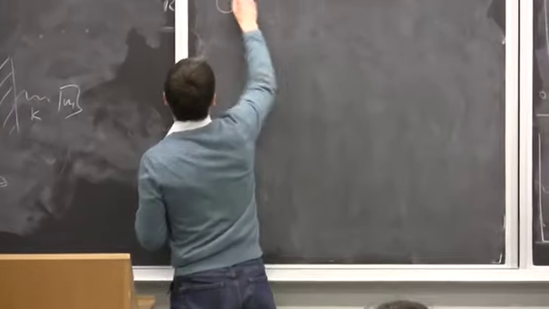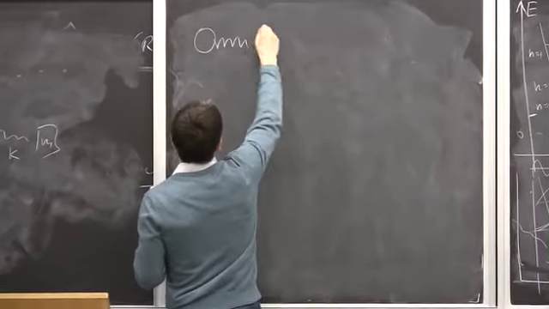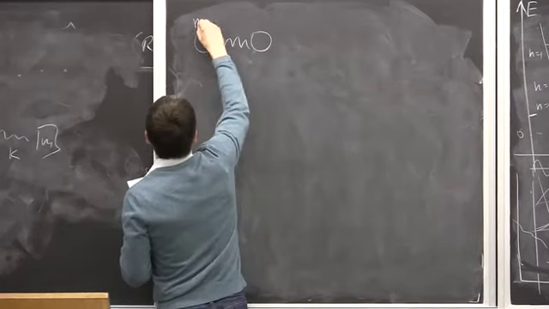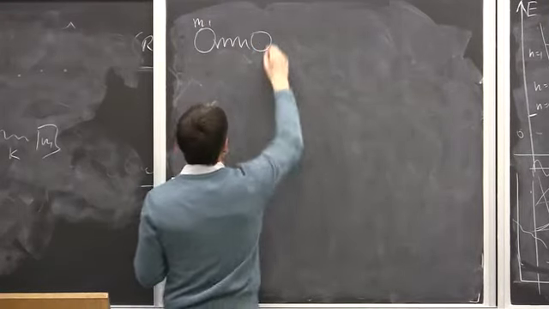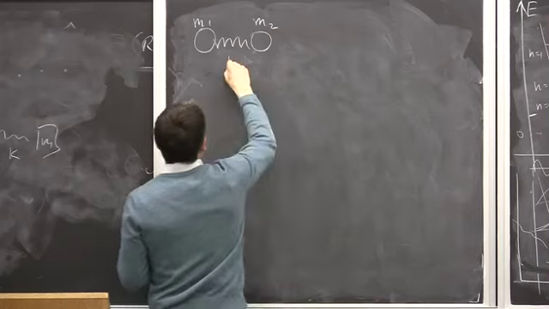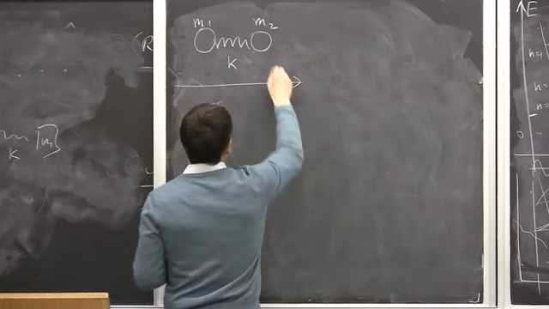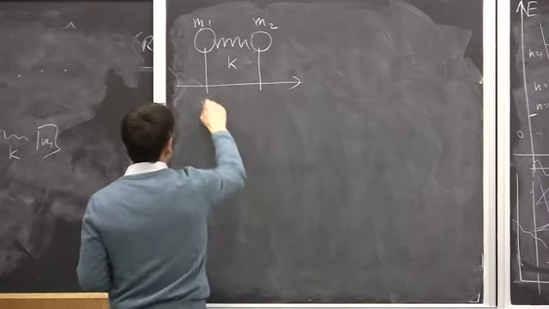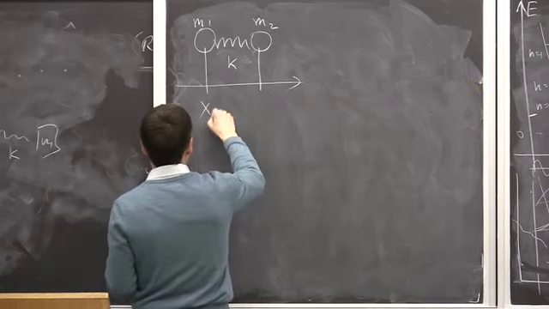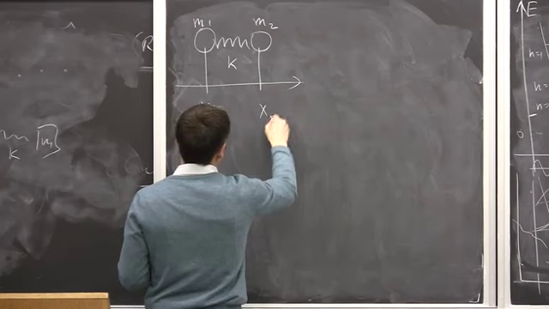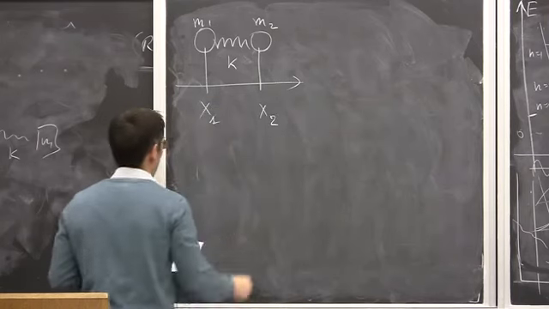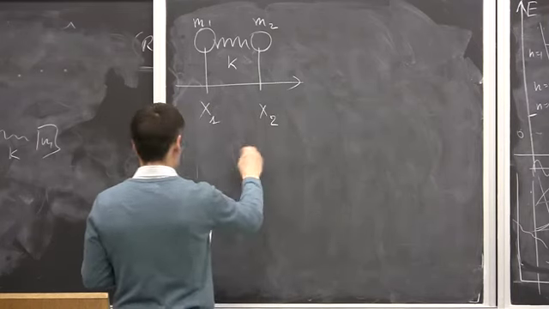So if we have, in a classical picture, two atoms, one with mass 1, another mass 2, there is a spring, and again we are looking at this in the one-dimensional case, right?